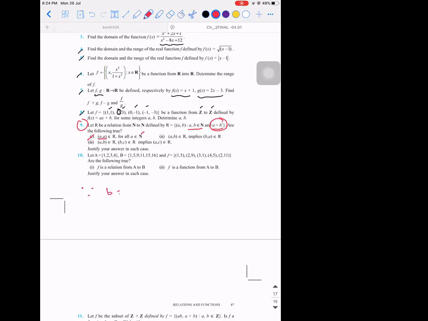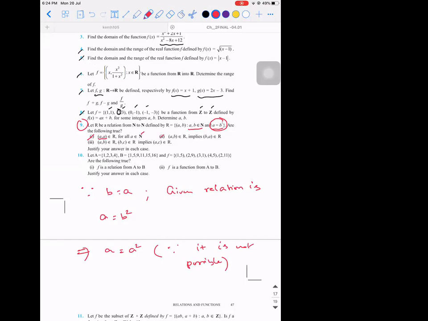Since B is equal to A, and the given relation is A is equal to B square, this implies A is equal to A square. Since it is not possible, (A, A) cannot be a part of the given relation. Are you guys able to understand this?